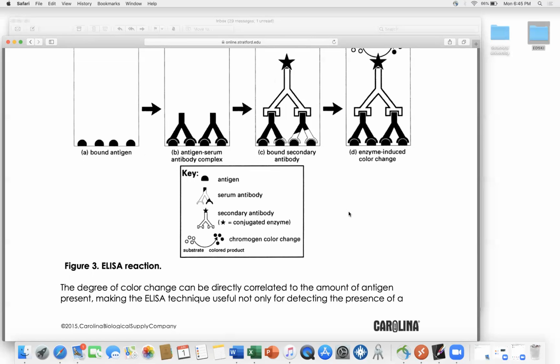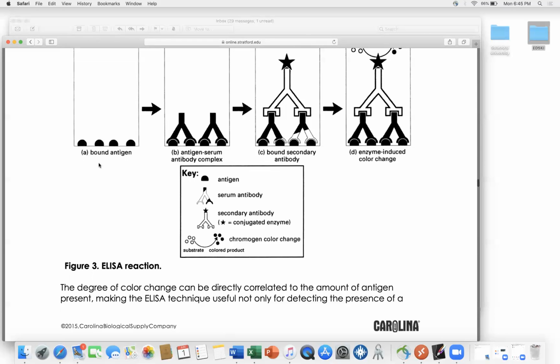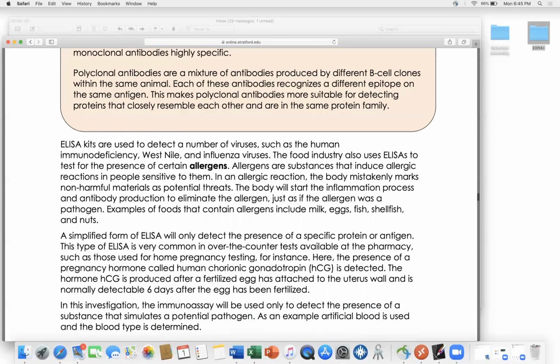So ELISA is used a lot in experimentation, and it's also used a lot in diagnosis of many diseases through identifying their specific antigen.